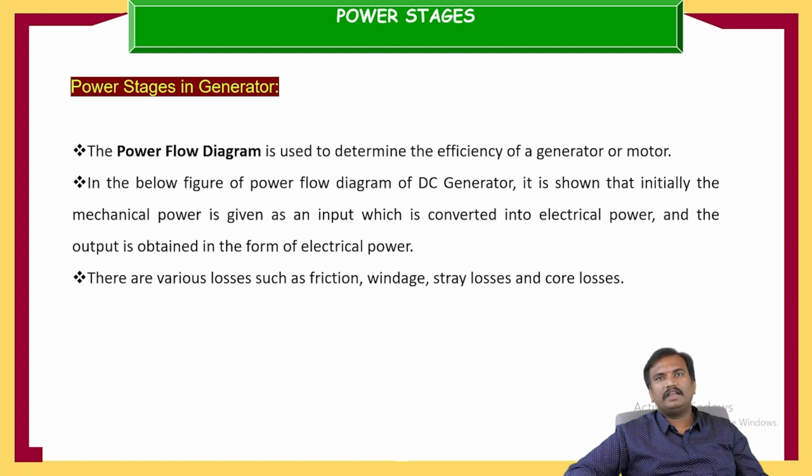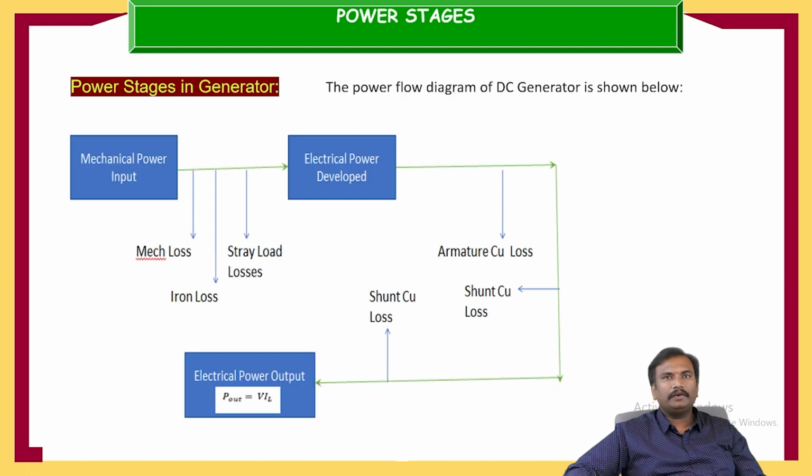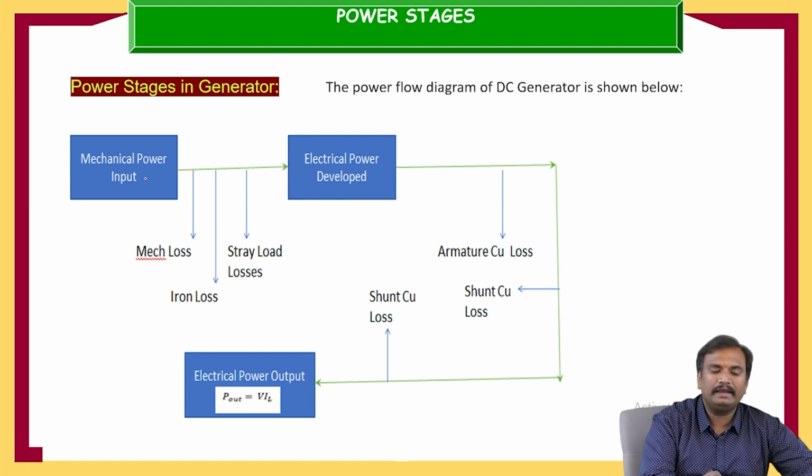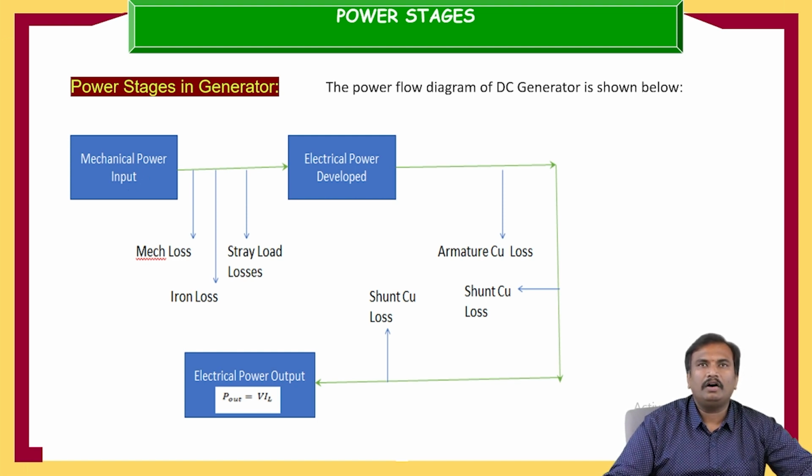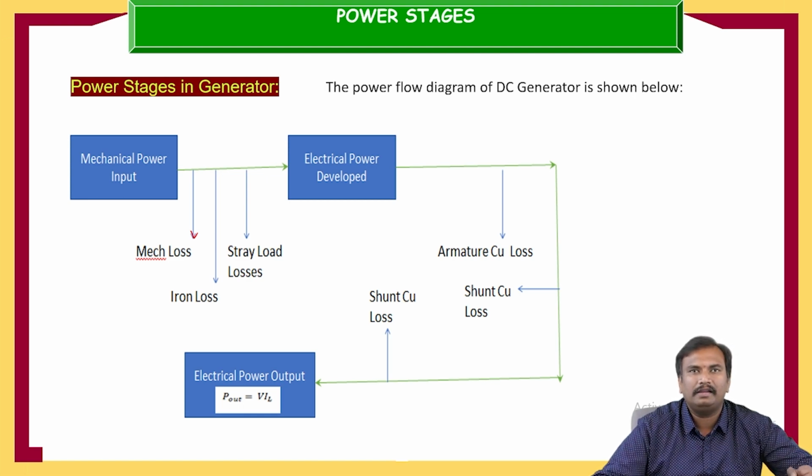There are various losses such as friction, windage, stray losses, and core losses. Immediately after giving the mechanical input, first we get the mechanical loss. That is, we lose some amount of energy in the form of heat. That is called mechanical loss.